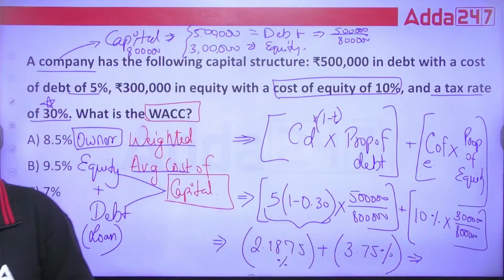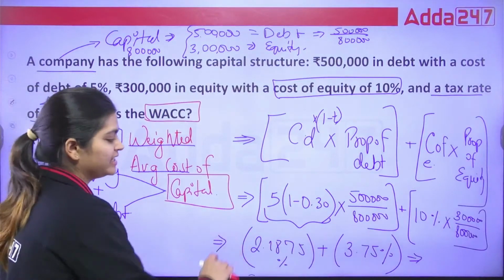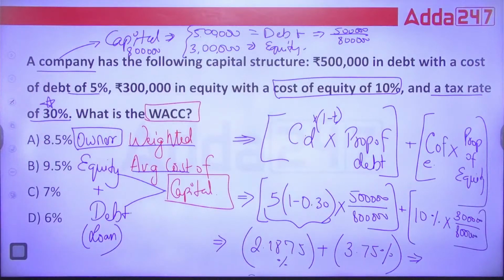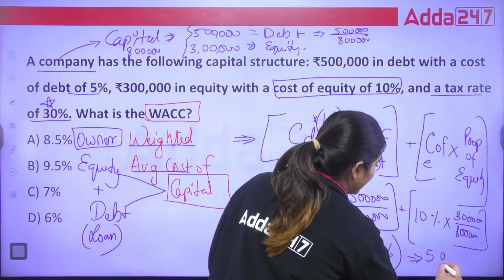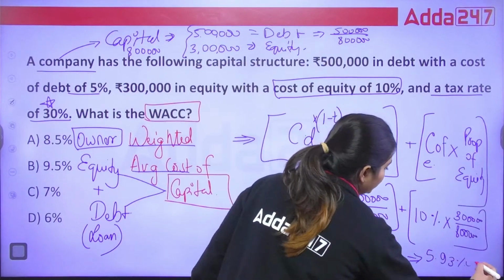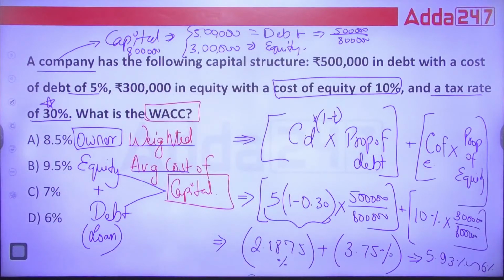So your final answer will be 5.93%. If you round this off, your nearest answer will be 6%. Your correct answer will be D.